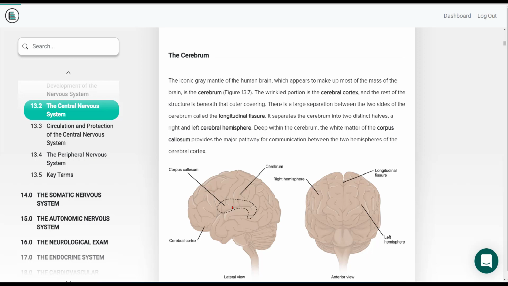The same is true in the brain. The outer region is the cortex, and remember that the cortex is the gray matter, as we saw in the actual image of the brain, and we'll see that again as we go through this.